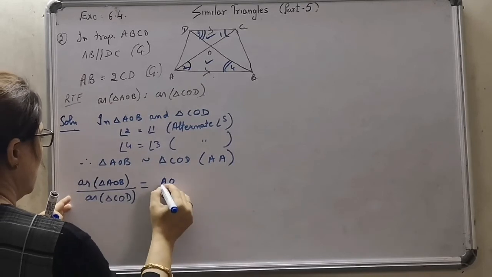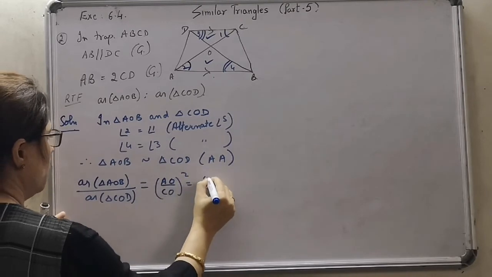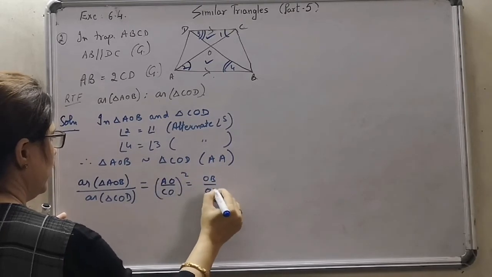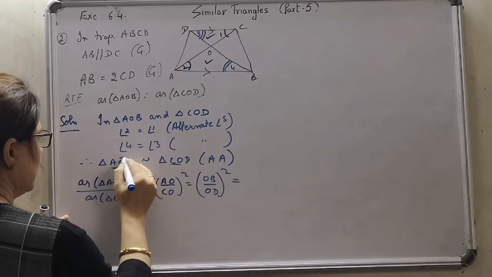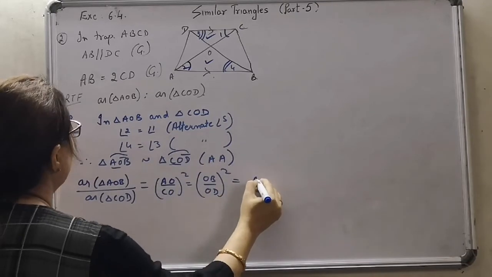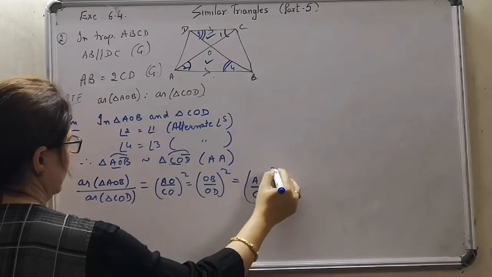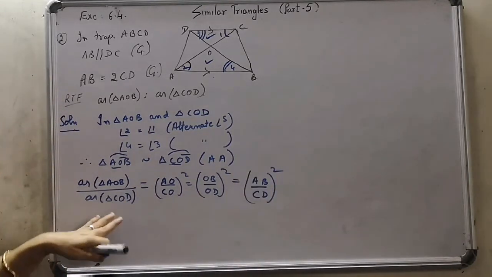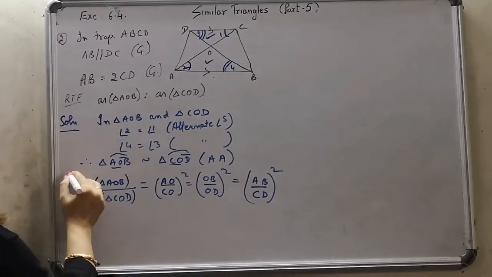AO upon CO whole square is equal to OB upon OD whole square is equal to AB upon CD whole square. Next, this is our target.